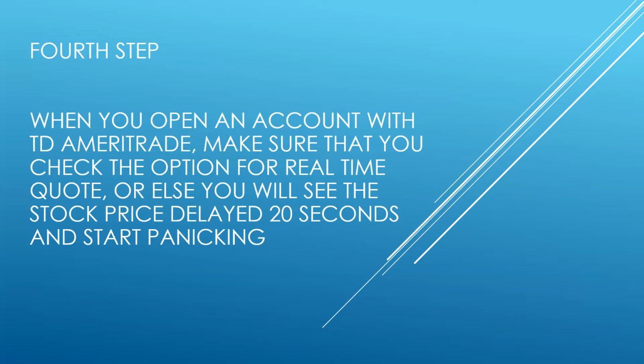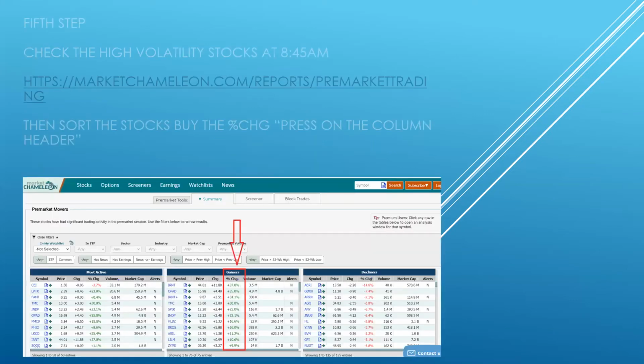Why? Because you have a delay in the quote. So be careful with that. With most of the brokers, you have to check an option called real-time quote, so you will get the price of the stock without any delay. This is really important. You have to take it into consideration when you open the account.